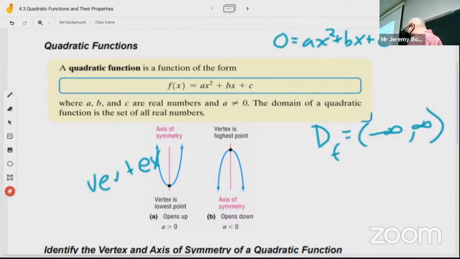So your vertex is your highest point here, your vertex is your lowest point here. Any questions on that? All right.